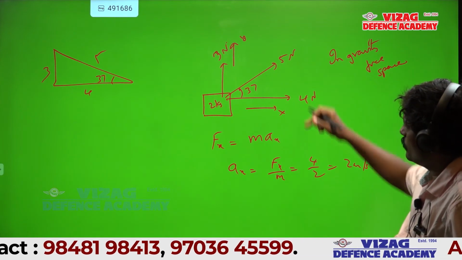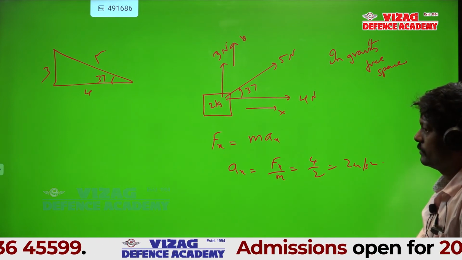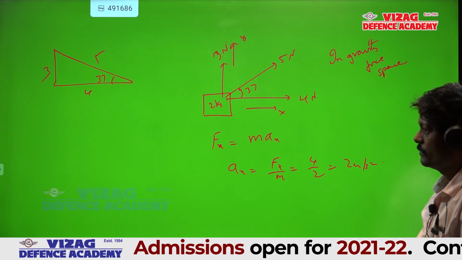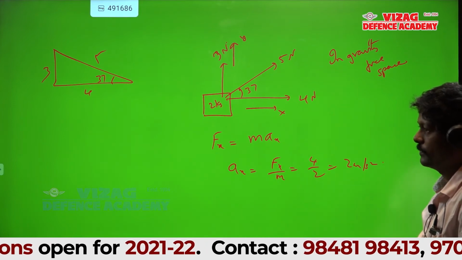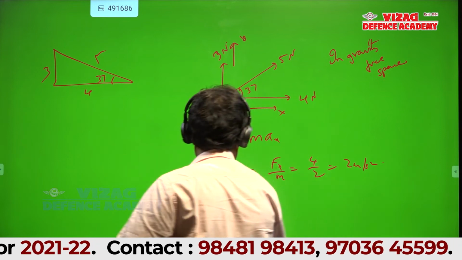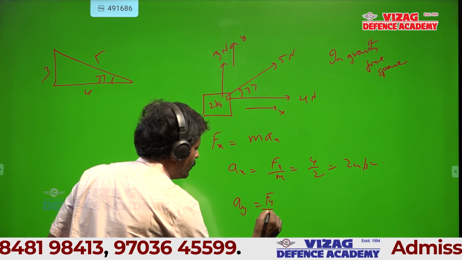In the y direction, what is the force you are having? 3 Newton. So ay is Fy by m.